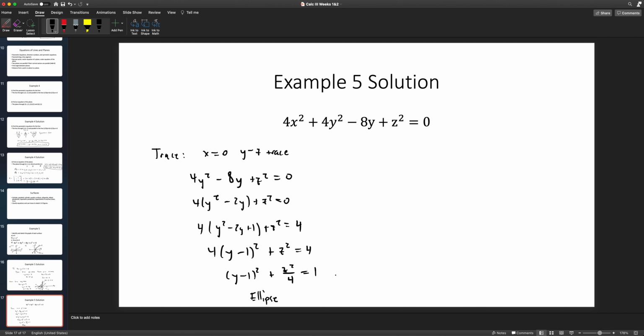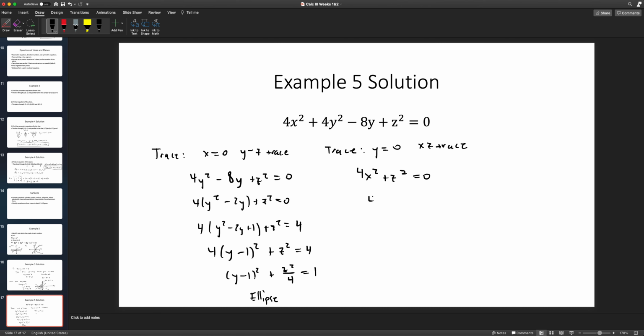So we could actually sketch that, but we have to take a couple more traces here. Let's take y equals 0. So we're looking at the xz trace. So 4x squared plus z squared is 0.